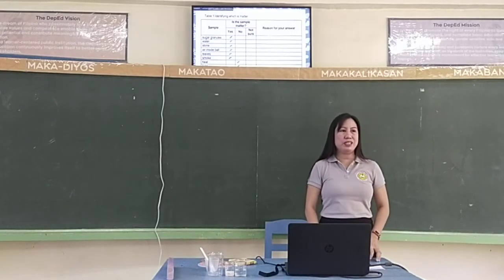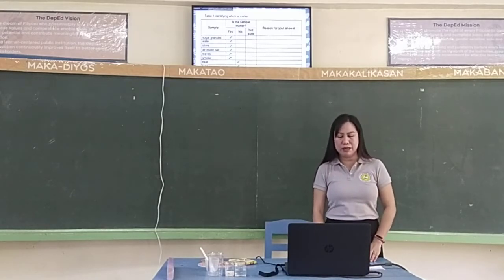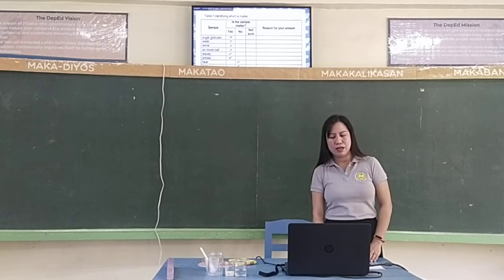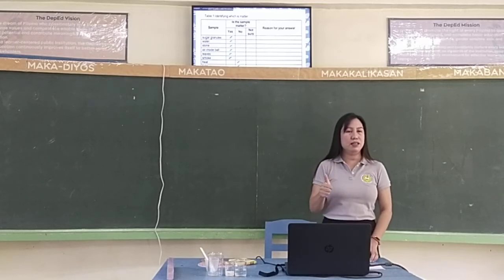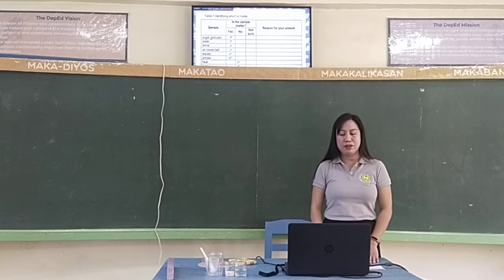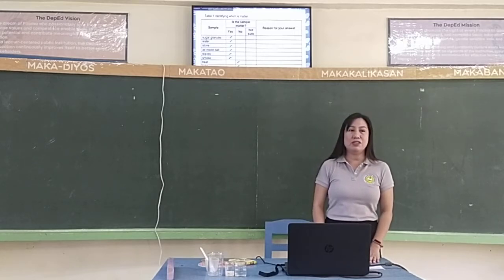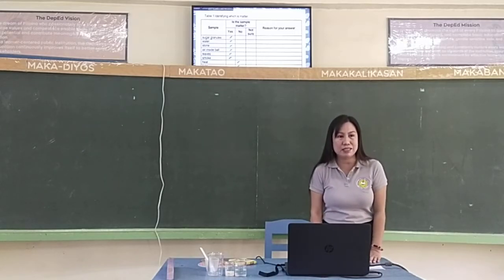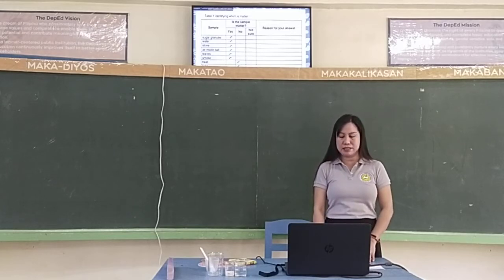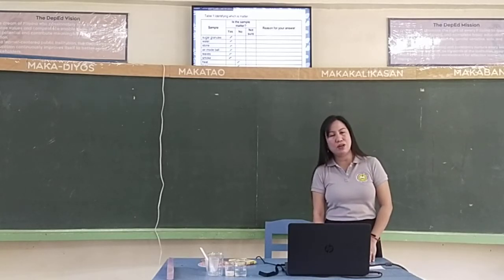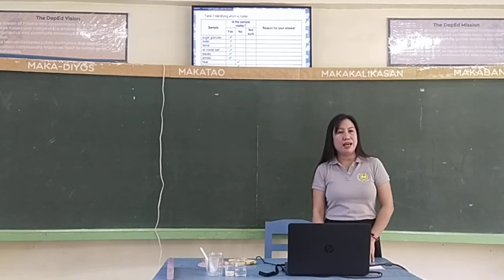Based on the pictures we had a while ago, sugar granules, water, stone, and smoke are matter because they have mass and occupy space. You can get the weight of the sugar, water, and stone.